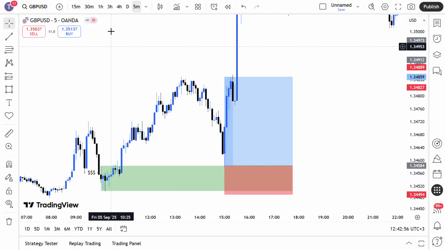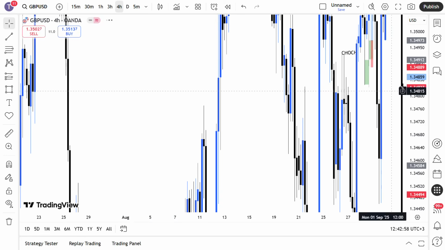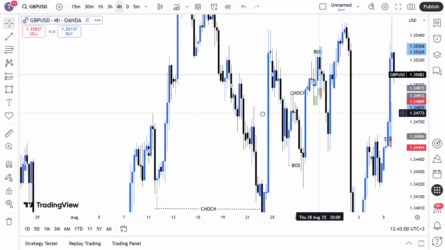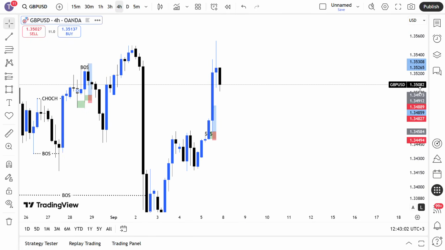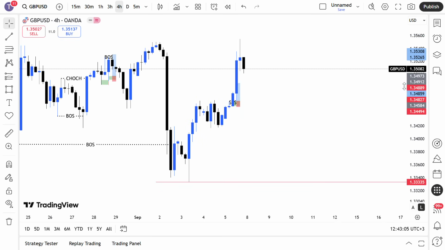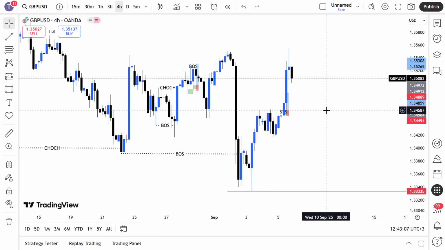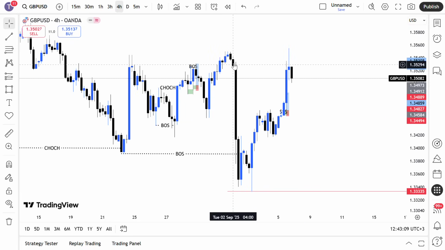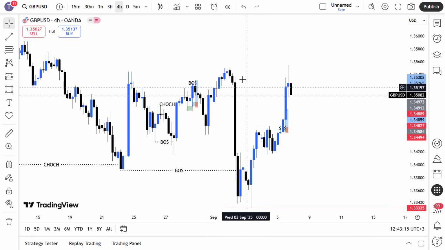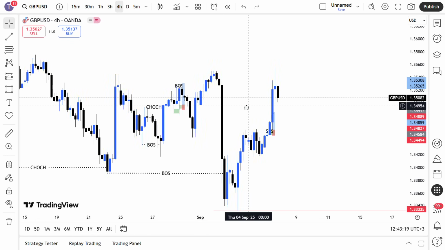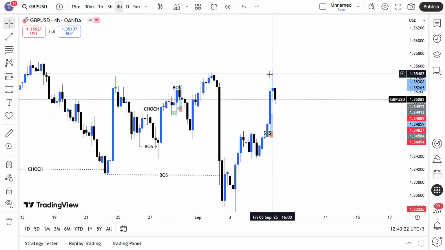So let me start with this GBPUSD so that I cannot change the charts. From the 4-hour time frame, when we had this move to the downside, there was no inducement being formed inside here, and therefore I knew this high can be taken out as the liquidity, and that is what the market has done exactly.